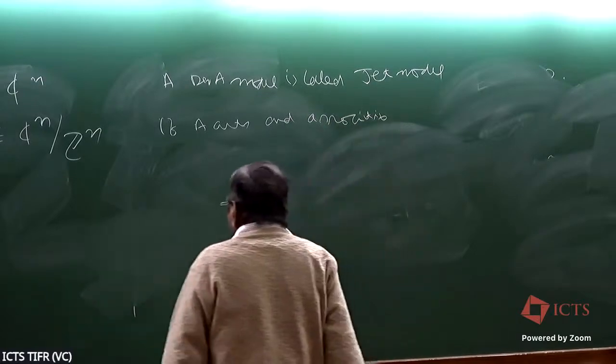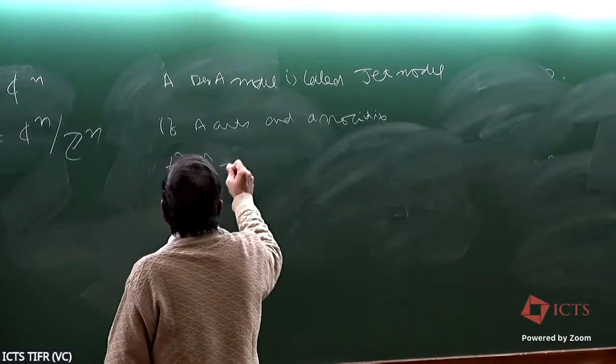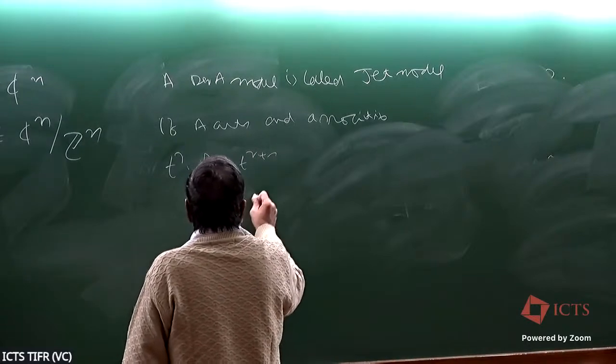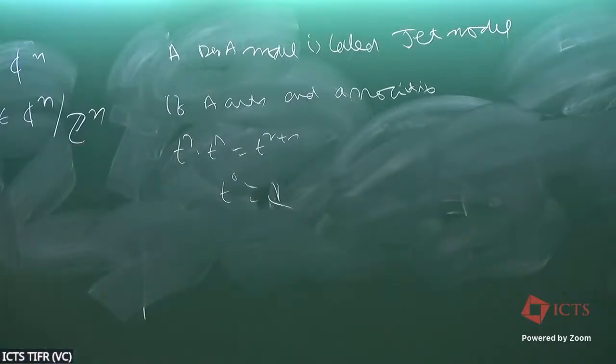That is, T^r, T^s actually acts as T^{r+s} and T^0 acts as 1. See, when you take a module for Der A and A, this is not automatic because this is only an associative product. A as a Lie algebra is trivial. This won't follow, you have to assume it.